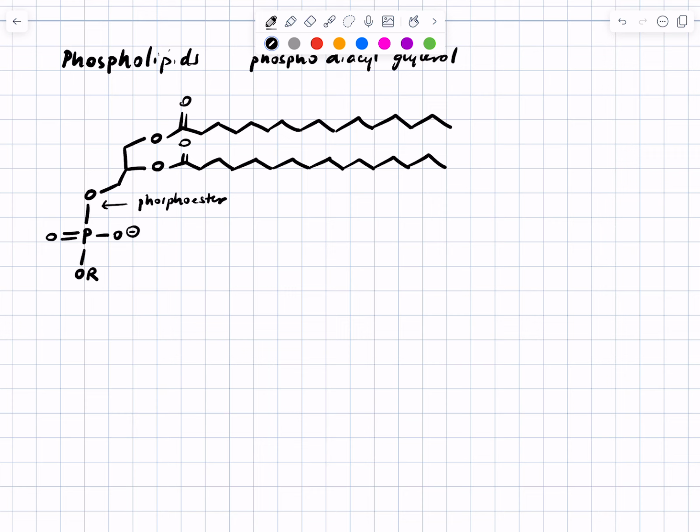Okay, so let's talk about what that R group can be. The R group might just be a hydrogen attached to that oxygen, in which case we could draw the phosphate head group. Oops. This is the oxygen that's attached to everything else.